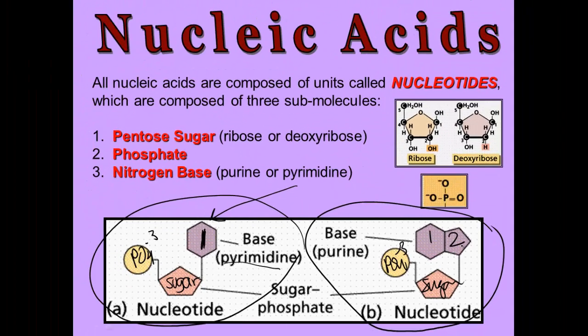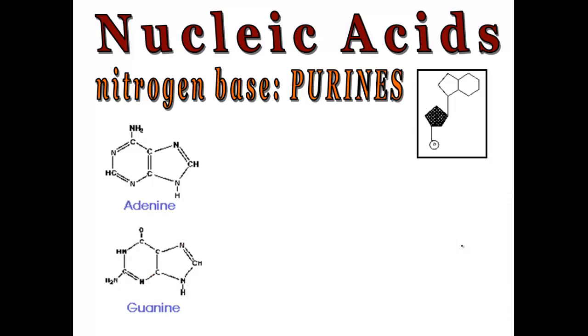So which letters, A, C, G, T, and U, are purines and which are pyrimidines? Let's talk about purines first. So purines, again, have two rings in their nitrogen base. And the only two letters that do have two rings are adenine, represented by the letter A, and guanine, represented by the letter G. You'll see that adenine has two rings and guanine has two rings.